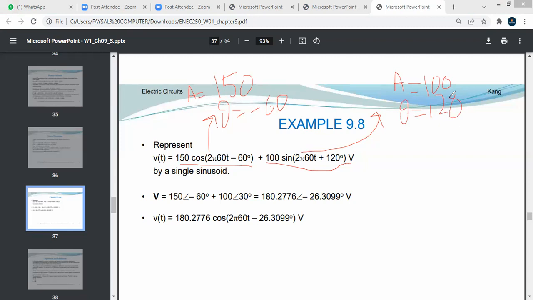So it will be equal to 150 angle negative 60. This is the first part, and then taking the sum from the equation, plus 100 angle 30.